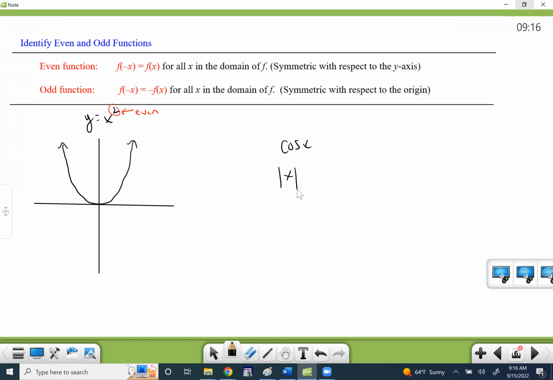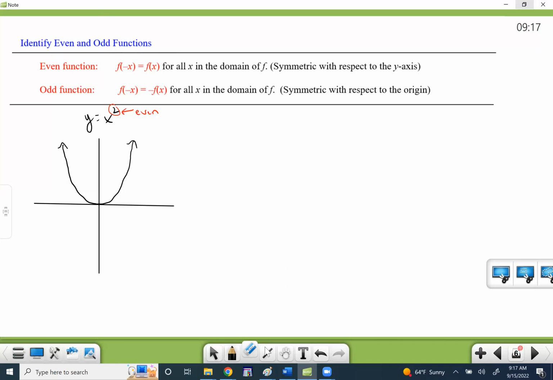Absolute value x is symmetric to the y because that's a V, but its exponent is 1. It's actually not an even exponent. So you do have to memorize this little definition up here because there will be functions that are not polynomials or not rational functions that you will have to use this definition to determine whether it is even or odd, okay? But I just wanted to make sure you understood that the name comes from polynomials and rational functions.